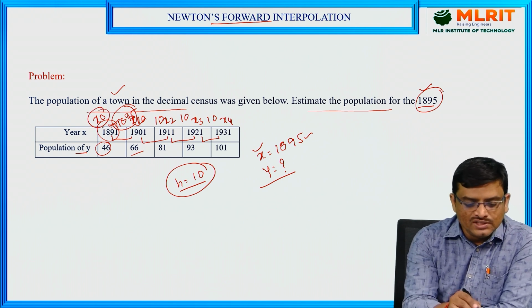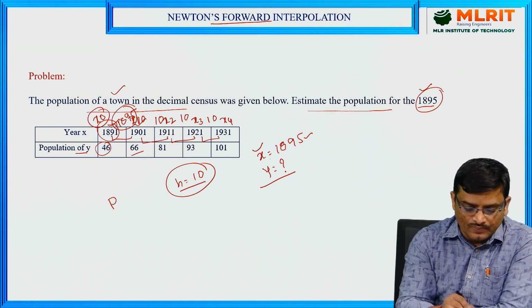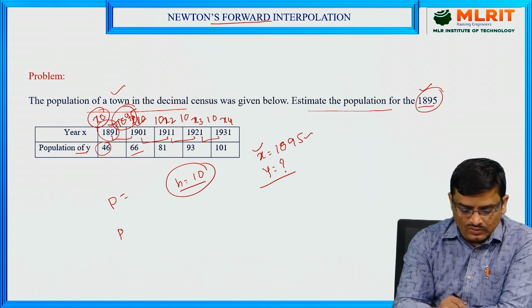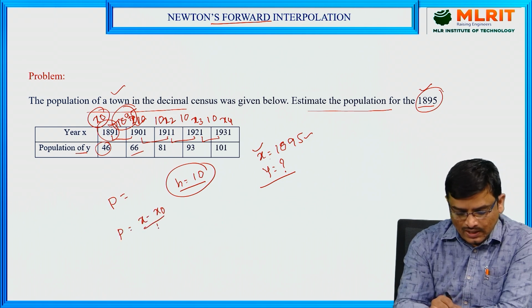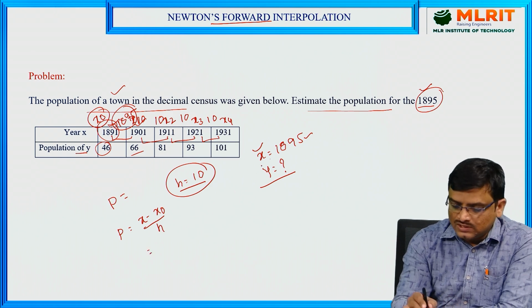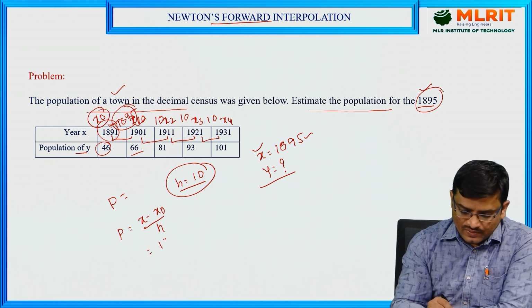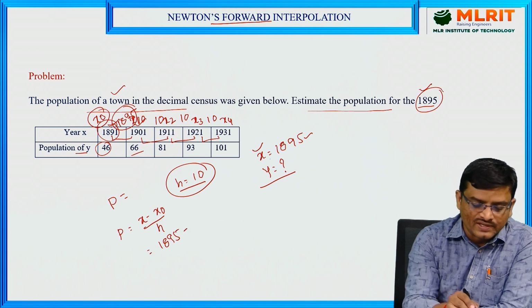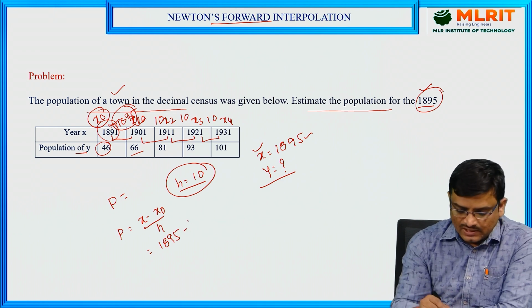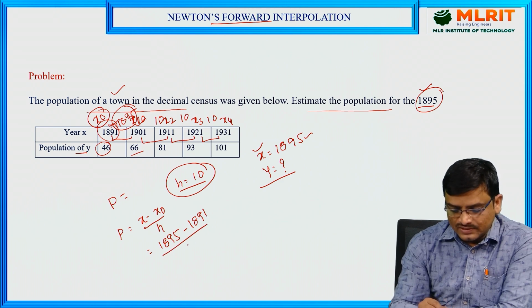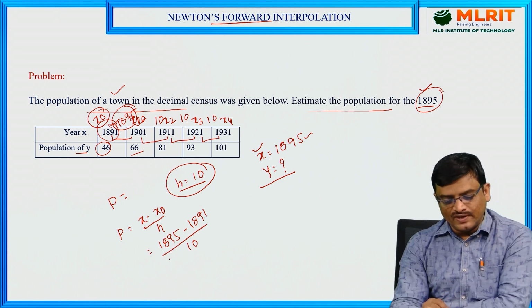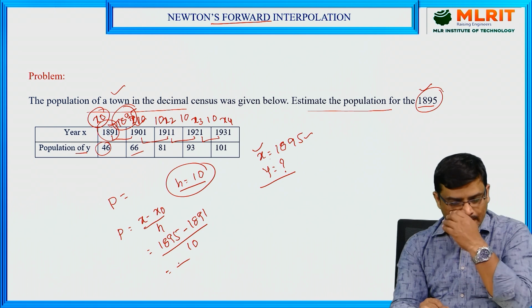We can use this x0 value to find the value of p. So p is equal to (x minus x0) by h. Here x is the given value 1895, and x0, the first value of x in the table, is 1891, divided by the difference, that is 10. If we simplify this, we will get our p value.